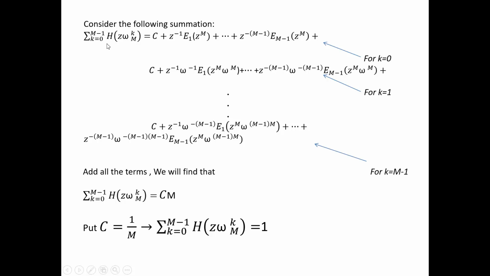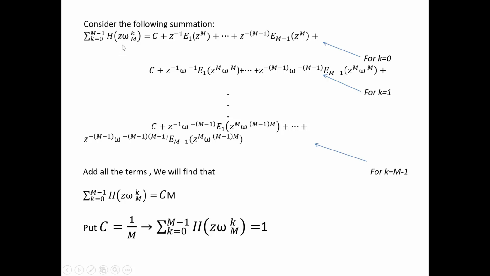If we look at the frequency response of H(z) in terms of the polyphase components, this factor represents the frequency components, and we can interpret this as a DFT filter bank, where these are basically translations of frequencies.